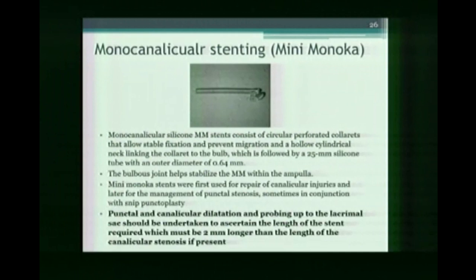The punctal and canalicular dilatation and probing to the lacrimal sac should be undertaken meticulously to ascertain the length of the stent, and usually we leave 2 millimeters more of the stent before we cut it.